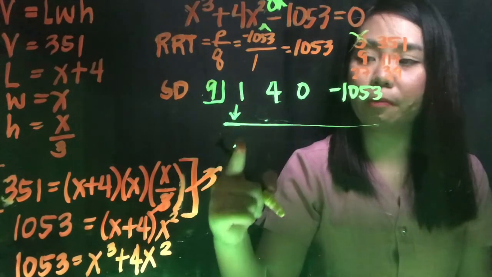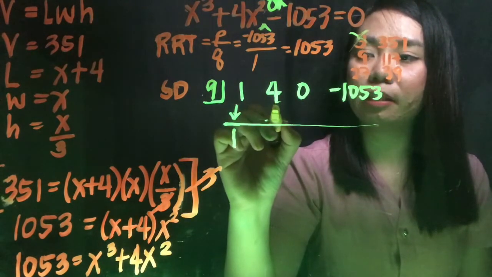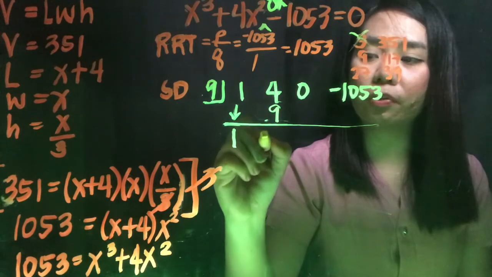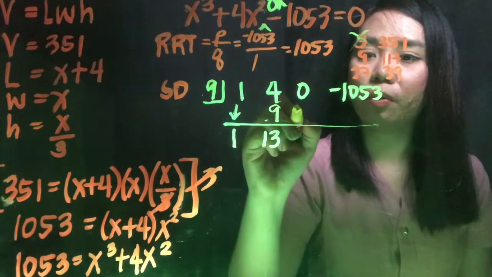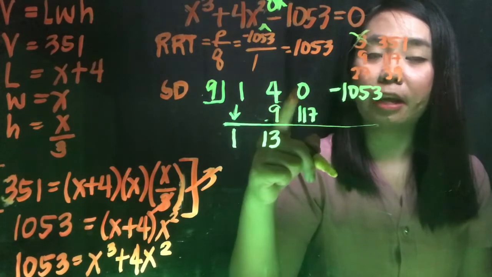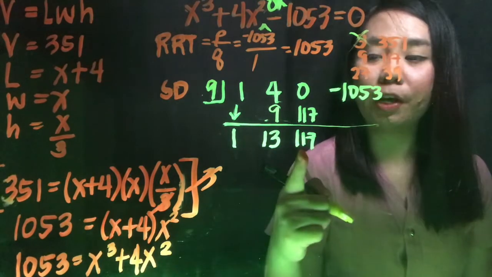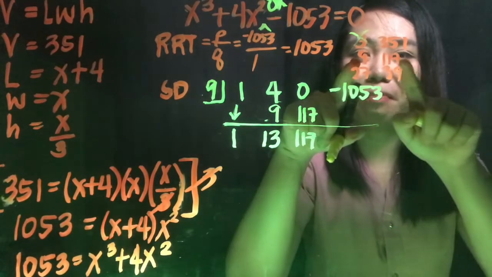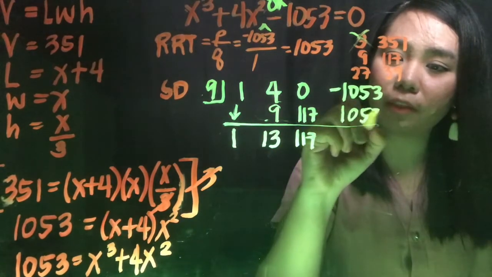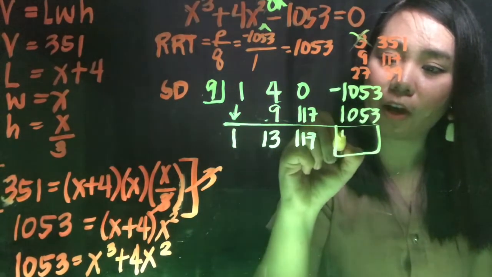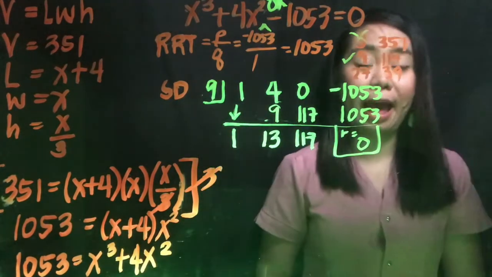Again, first step is to bring down, so you have 1. 1 times 9 is 9. Add these numbers, you get 13. 13 times 9 is 117. And adding, you have 117. 117 times 9, remember these are the factors of 1053. Therefore, this is 1053, and R equals 0. Therefore, you have now 9 as a correct answer.